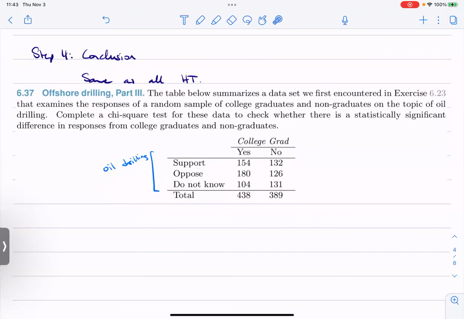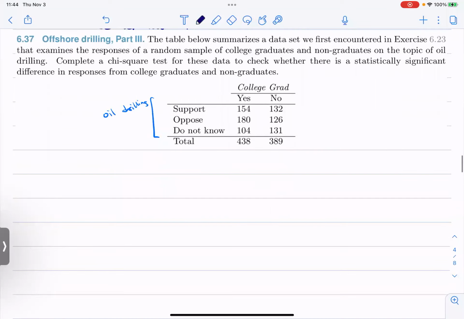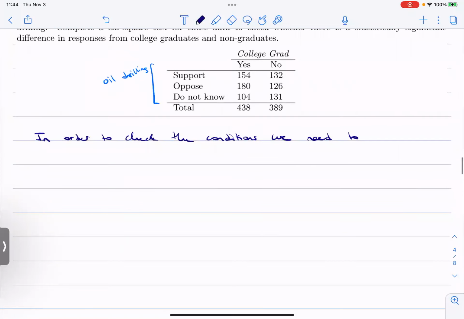All right. In order to check the conditions, we need to find the expected values for each cell.